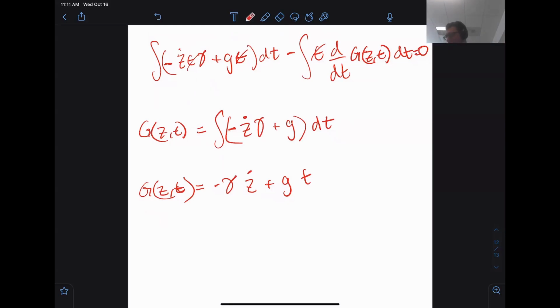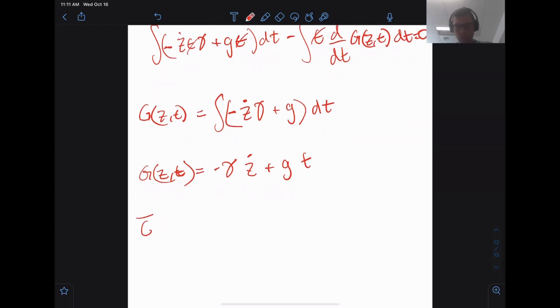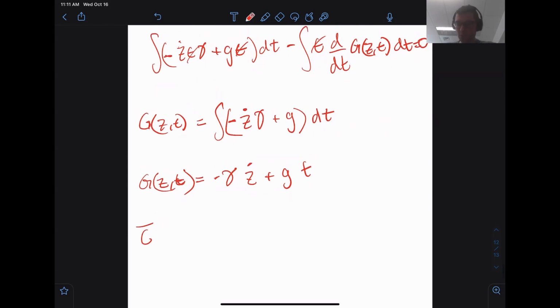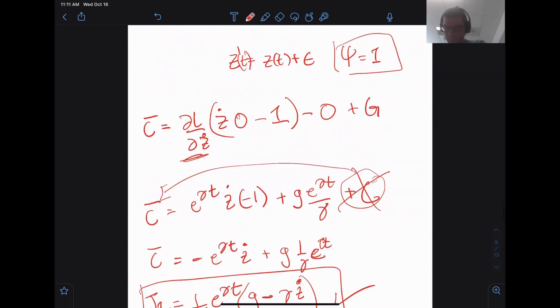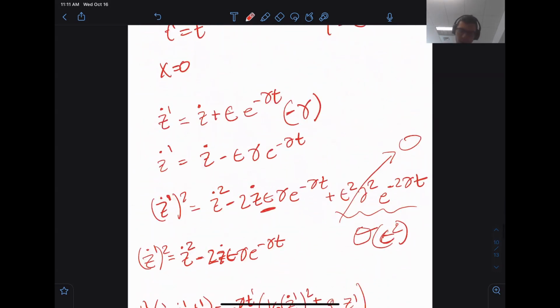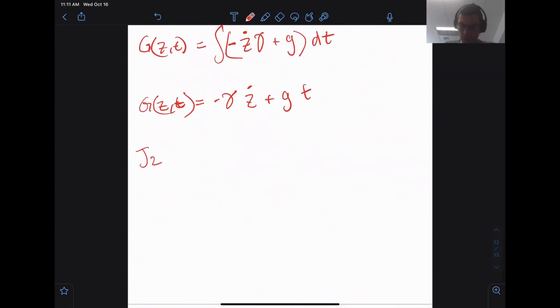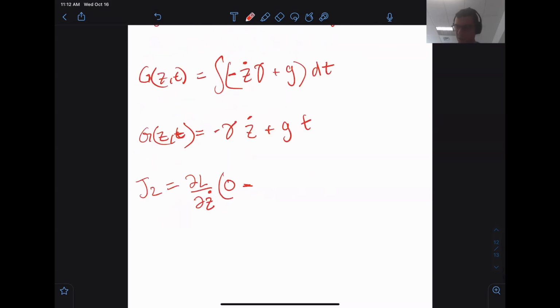So this is G. And now again, the constant of motion, which they're going to call J2, is equal to x still 0, but this phi is not 0.